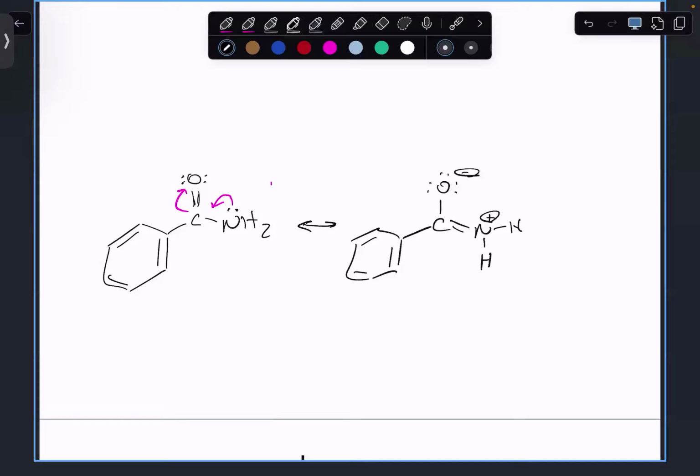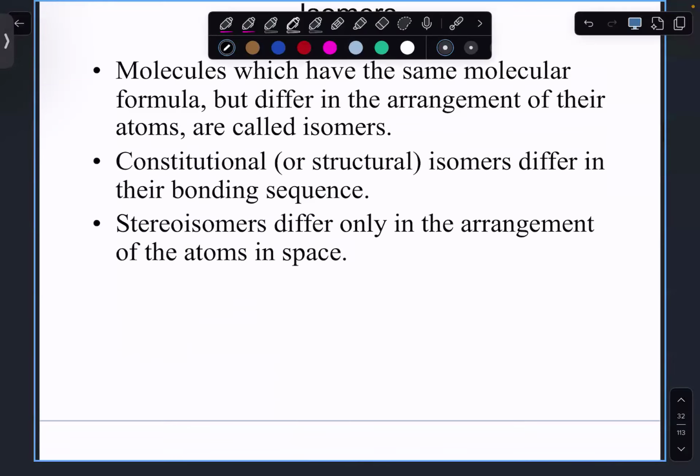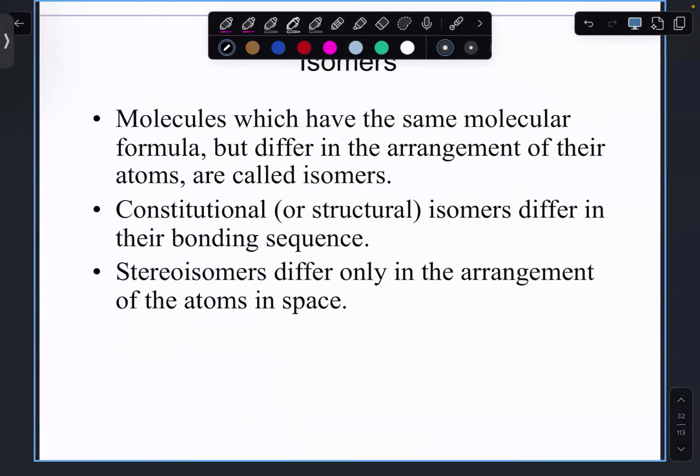Let's get into a slightly different topic. We're going to look at some stuff with isomers. As of now, we're going to look at 2 classes of isomers. The first of which are what are known as constitutional isomers. A constitutional isomer means it's 2 structures that have the same molecular formula, but a different connection of atoms.